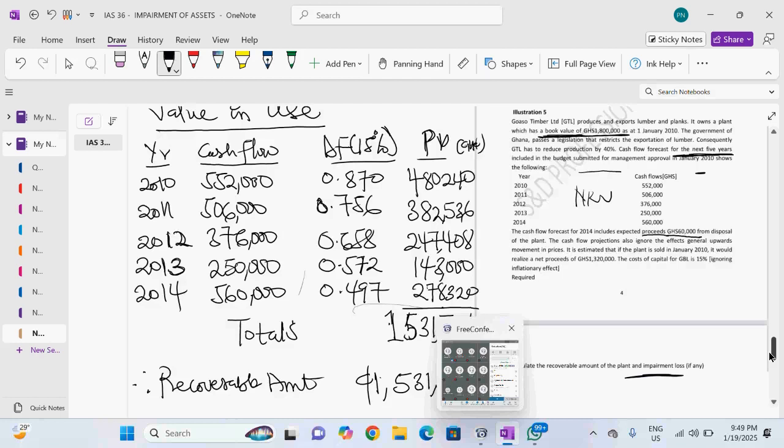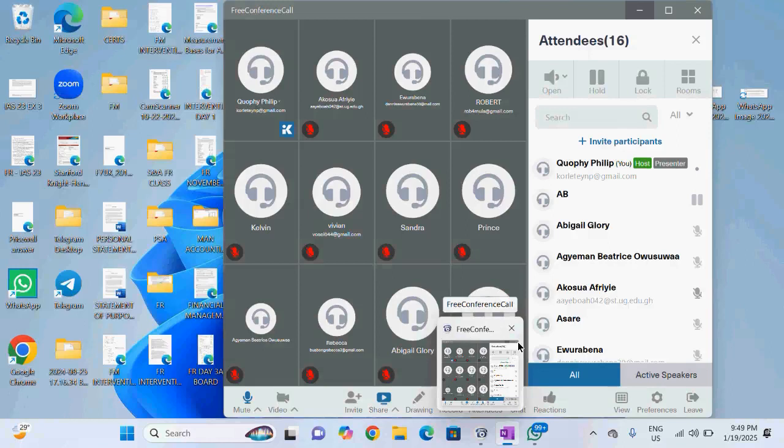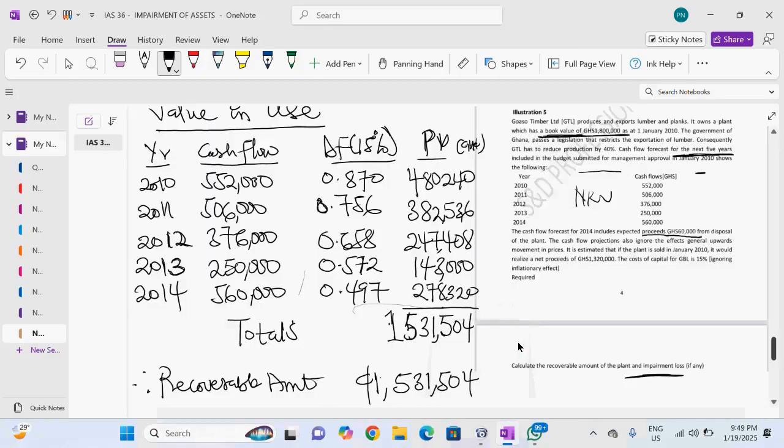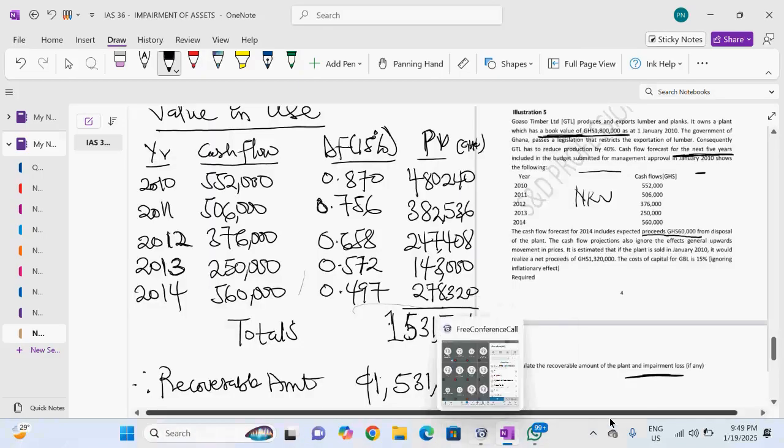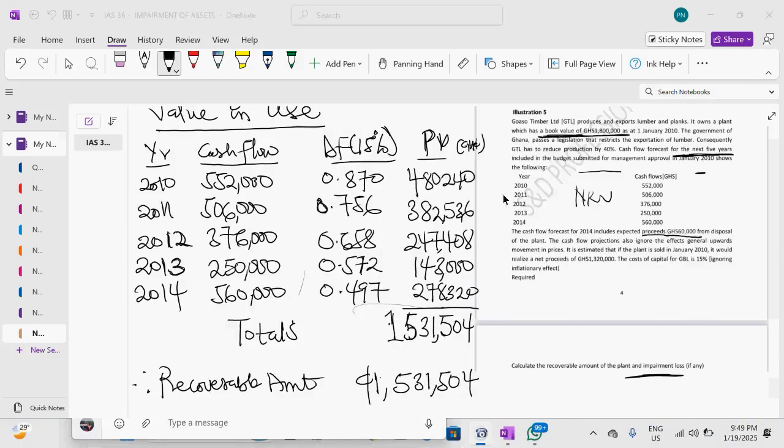I tried using the formula where PV is equal to future value over 1 plus the interest raised to the power of the number of years, but I didn't get the same thing as what we got. So you tried this.